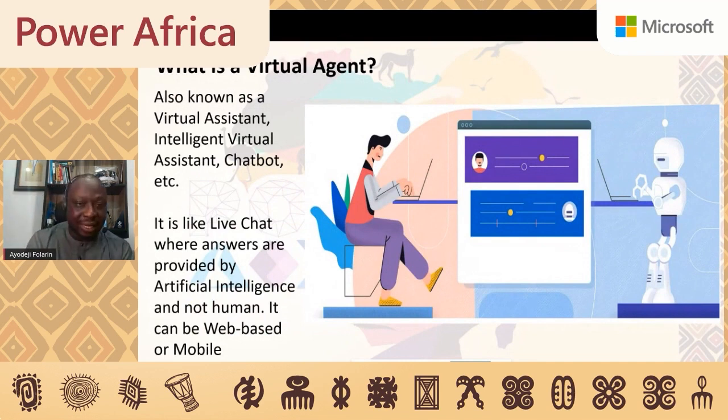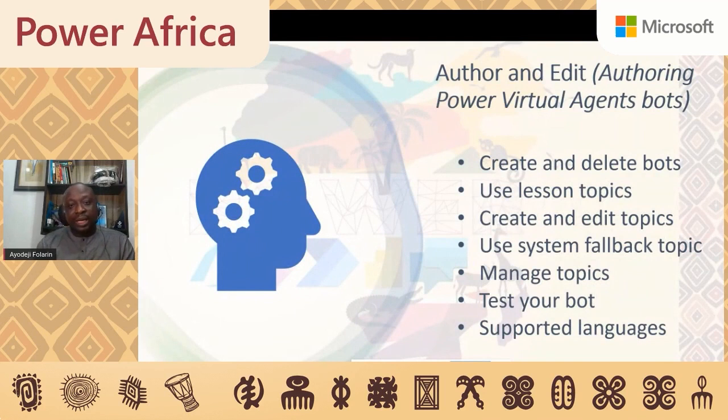Now, what exactly is a virtual agent? Virtual agent, also known as virtual assistant, intelligent virtual assistant, a chatbot, and so on and so forth. It is like live chat where answers are provided by artificial intelligence and not a human. This can be a web-based app or a mobile solution. So the first thing we're going to look at is authoring.